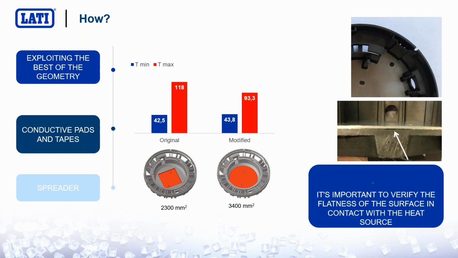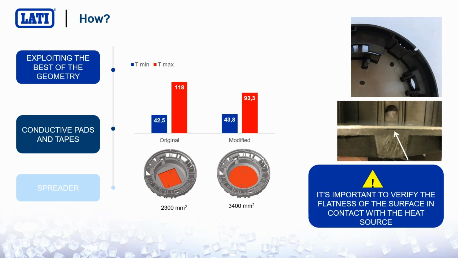Take care about the flatness of the surface, because if there is any warpage, you will have a lower real contact surface, and so the dissipator efficiency will be lower.